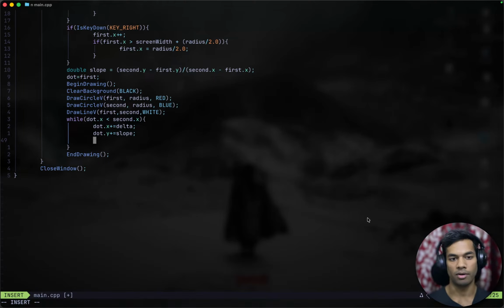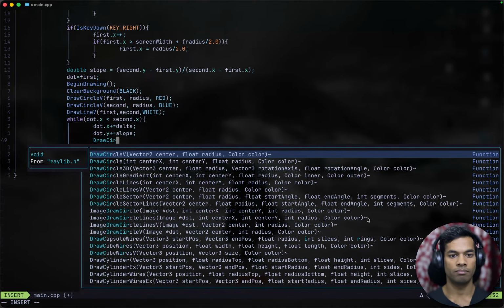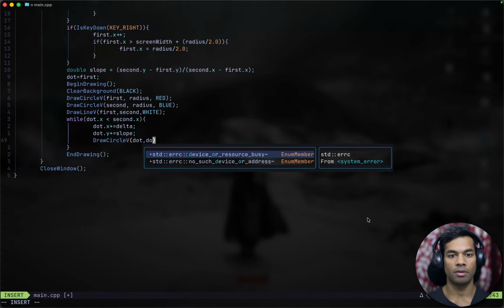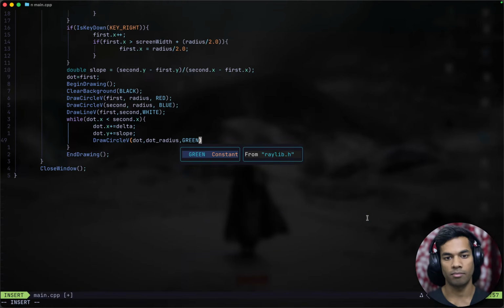And yes, we will draw a circle, take these coordinates, and the radius is dot radius, and color, let's say green, no, bronze.